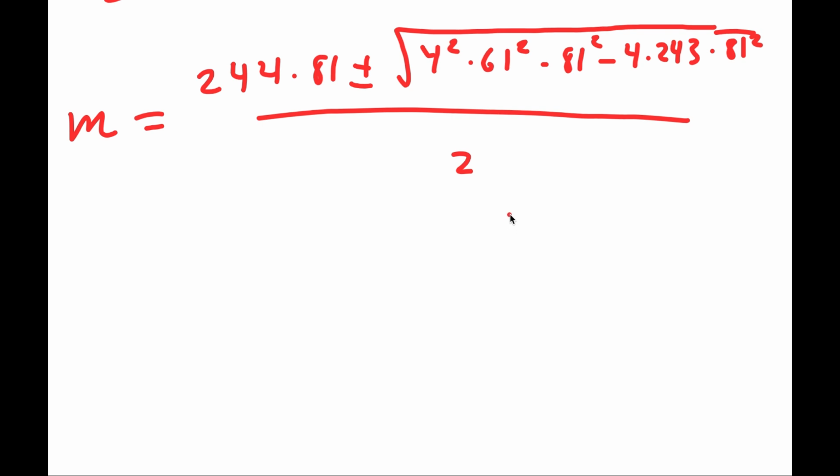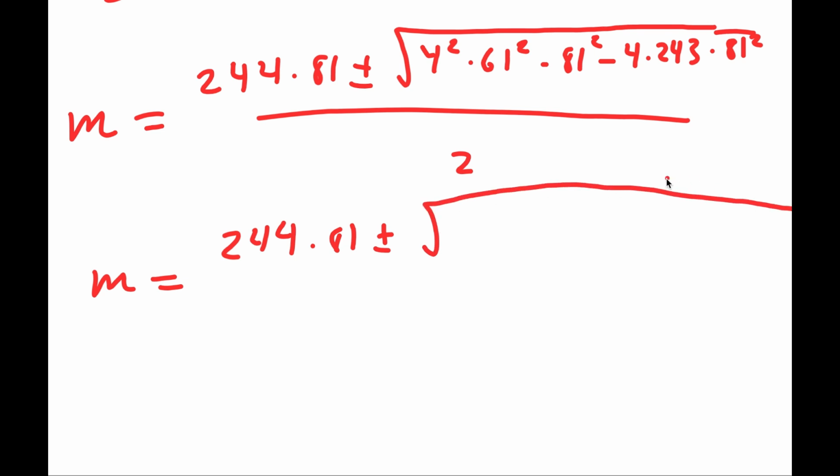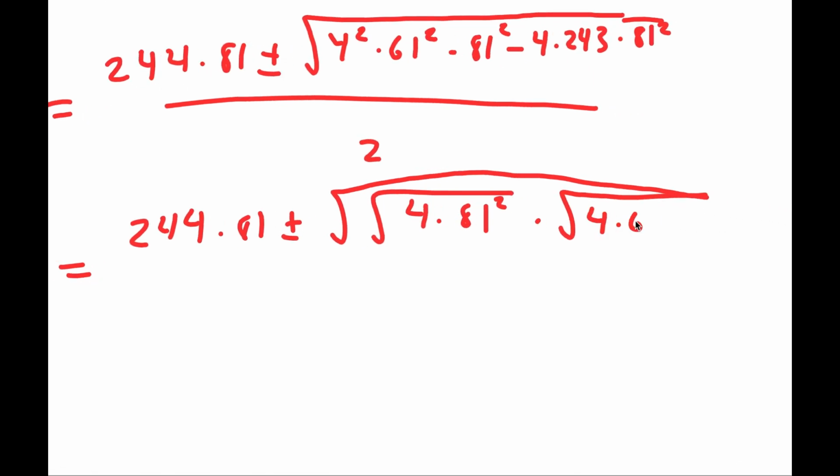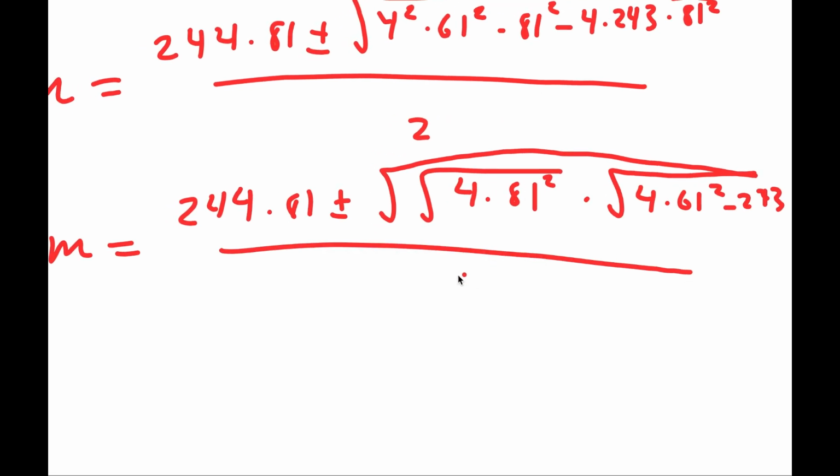Now this is where I can simplify it. So I can rewrite this as 244 times 81 plus or minus the square root of 4 times 81 squared times the square root of 4 times 61 squared minus 243, and I have all this over 2.